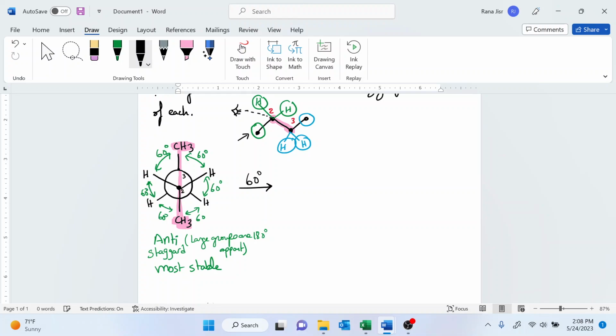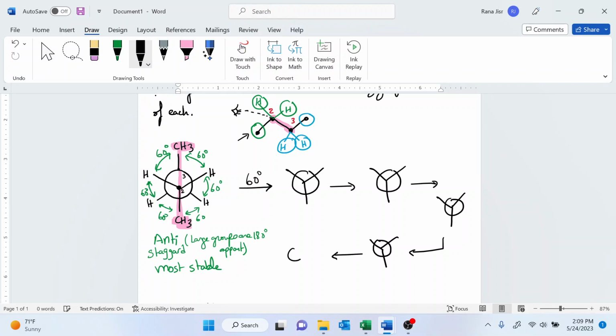You can fix the carbon at the back and rotate the front, it really doesn't matter. Whichever carbon you are fixing, draw it with the rest of the Newman projection for all the conformations. That will save me a lot of time.